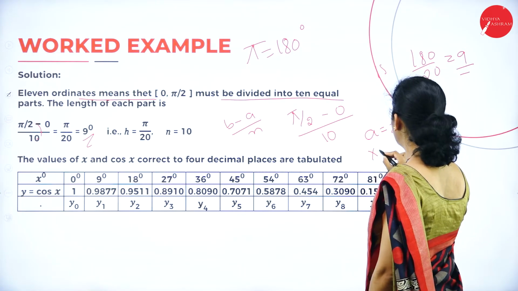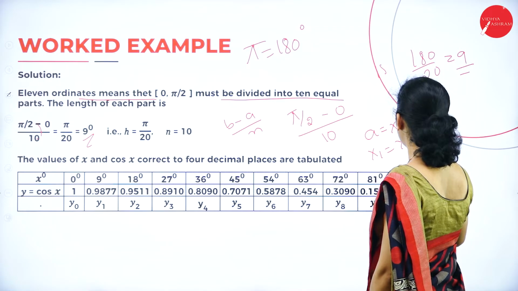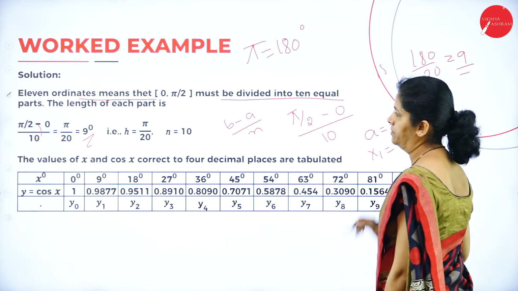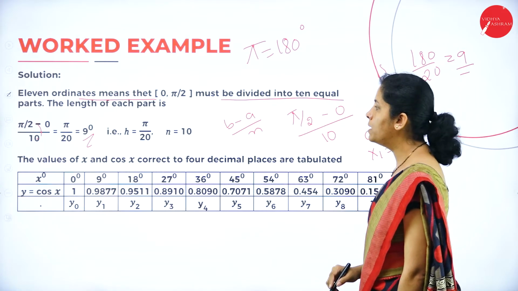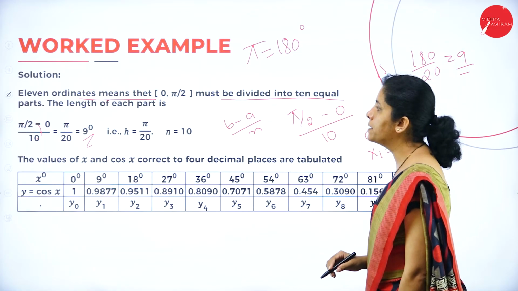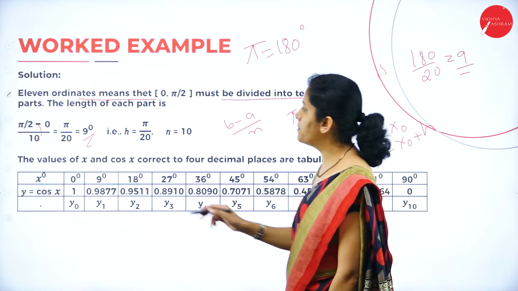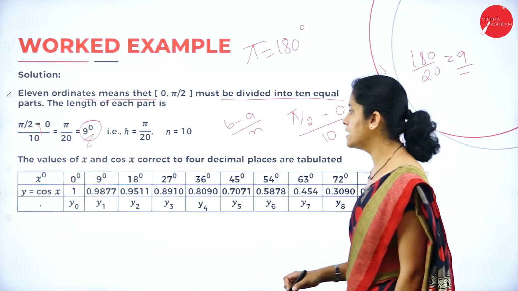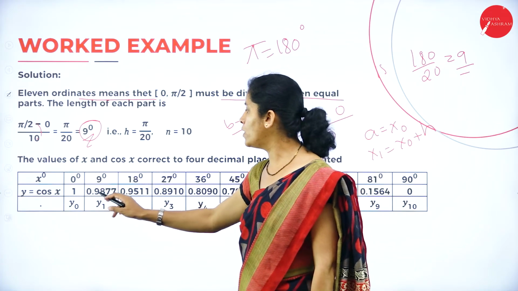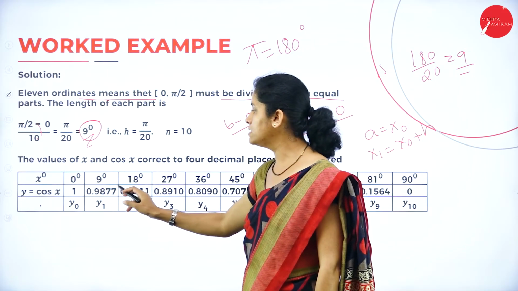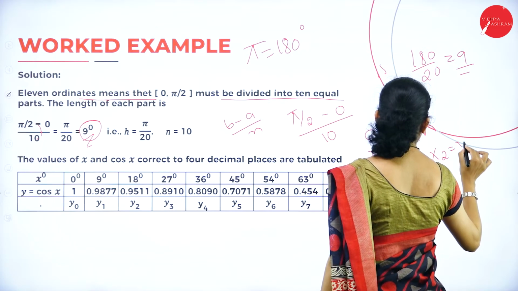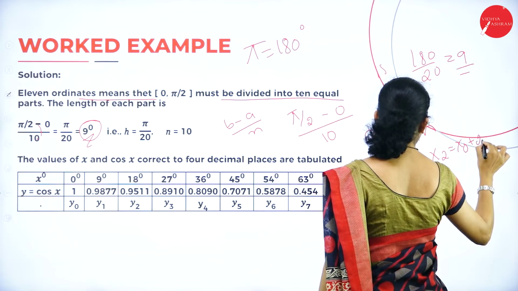Now, x1 is nothing but x naught plus h. So, h is how much? h is pi by 20. So, pi by 20 is nothing but 9. So, cos 9 is nothing but 0.9877. Next, x2 equal to x naught plus 2h.